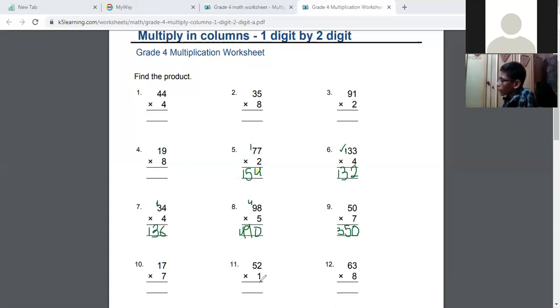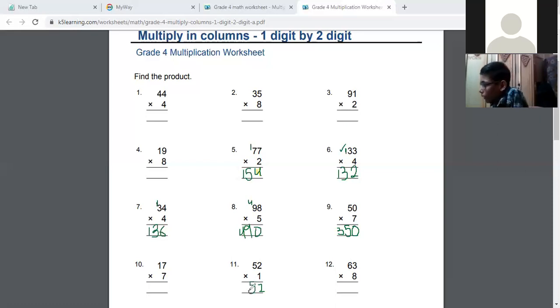Question number 11. 1 twos are easy. 1 twos are 2. Okay. And then 1 fives are 5.